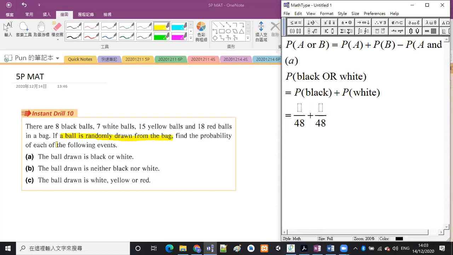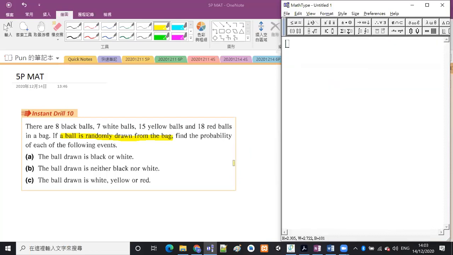Then we just count how many are black, which is 8, and how many are white, which is 7. Adding the 2 fractions, we get 15 over 48, and simplifying, that is equal to 5 over 16. So that is the answer for part A.